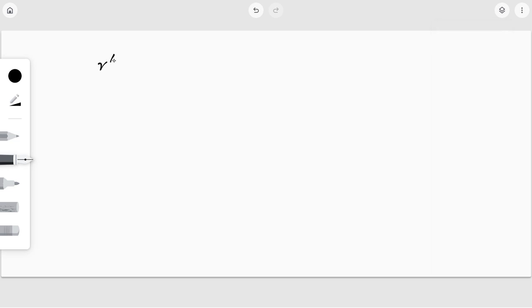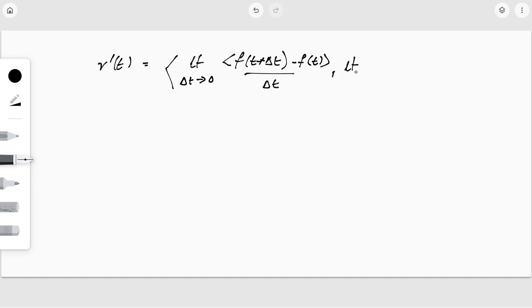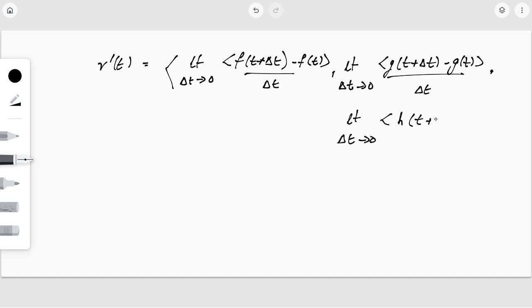Now when we apply the limit inside, we get r dash of t equal to the vector: limit as delta t tends to 0 of f of t plus delta t minus f of t by delta t, comma, limit as delta t tends to 0 of g of t plus delta t minus g of t by delta t, comma, limit as delta t tends to 0 of h of t plus delta t minus h of t by delta t.